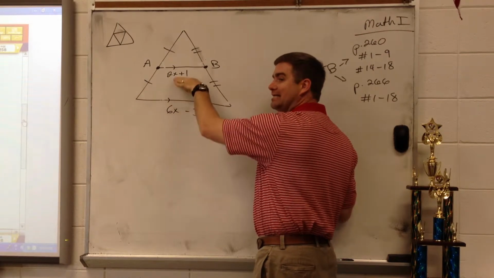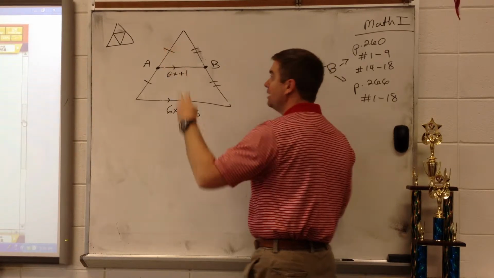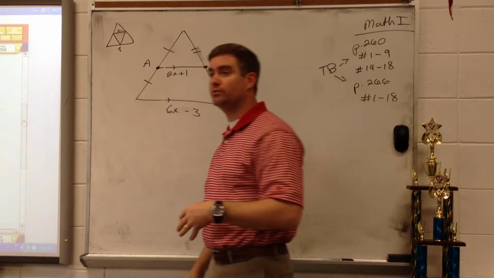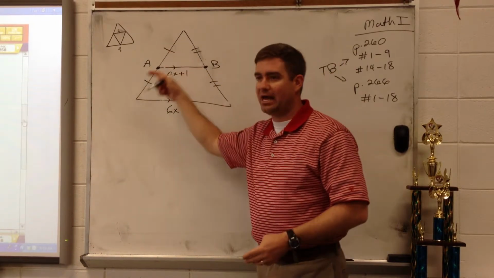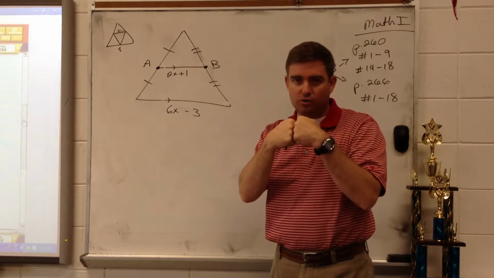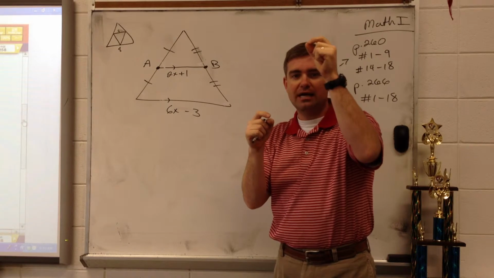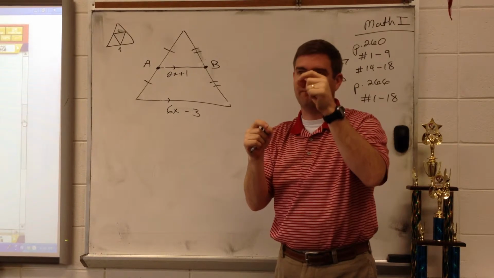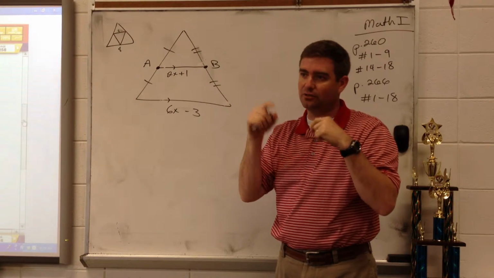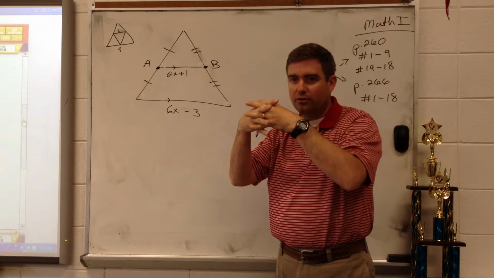How could we set these 2 things equal and solve? They're not equal. One of them is 4 and the other one is 8. Or one of them is 6 and the other one's 12. How do I set 4 and 8 equal to each other? Are 4 and 8 equal? No, they're not equal. But I could set them equal if I did something. I could either say 2 times 4 is 8, or I could say 8 divided by 2 is equal to 4. I could somehow set them equal to each other.